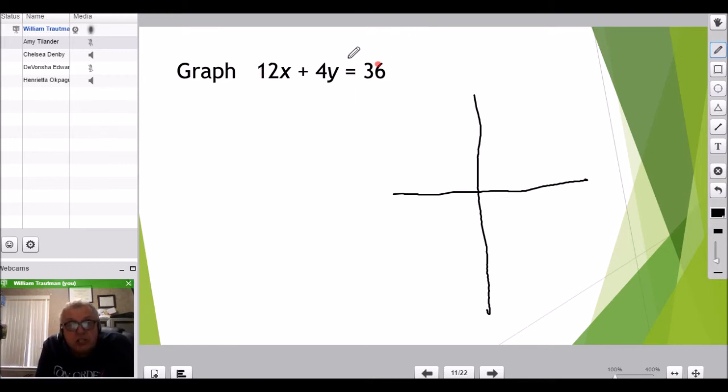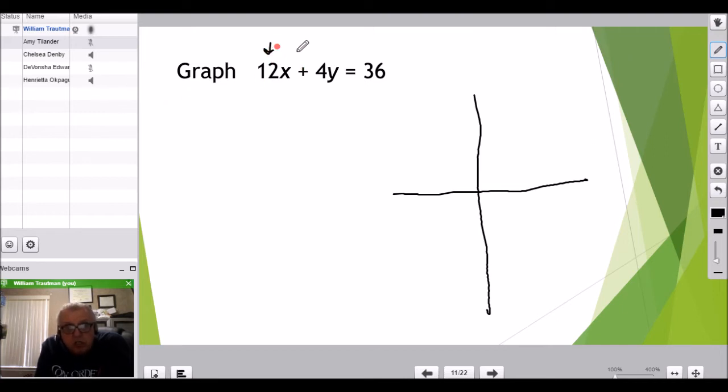I noticed 36 is divisible by 12 and 4. So I think I'm going to use the intercept method. If it asks find the intercepts, that's one way of doing this problem.